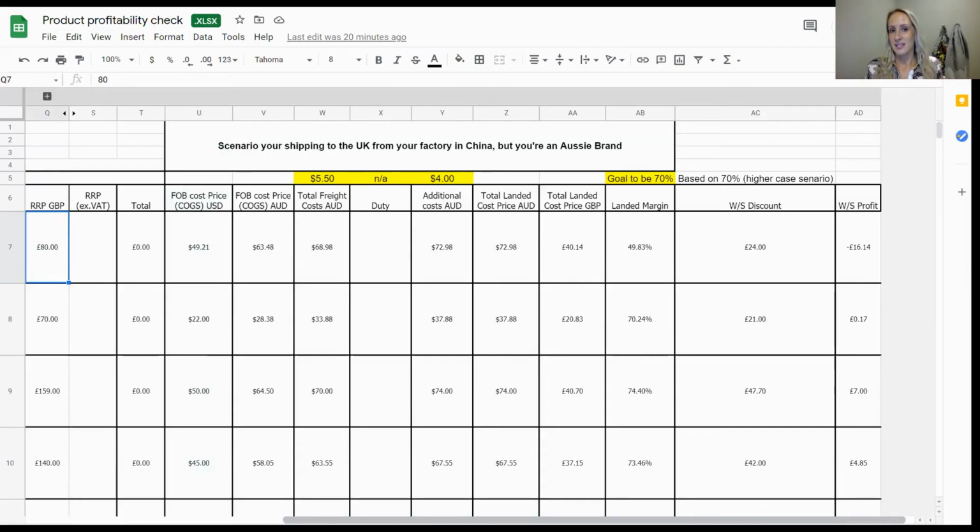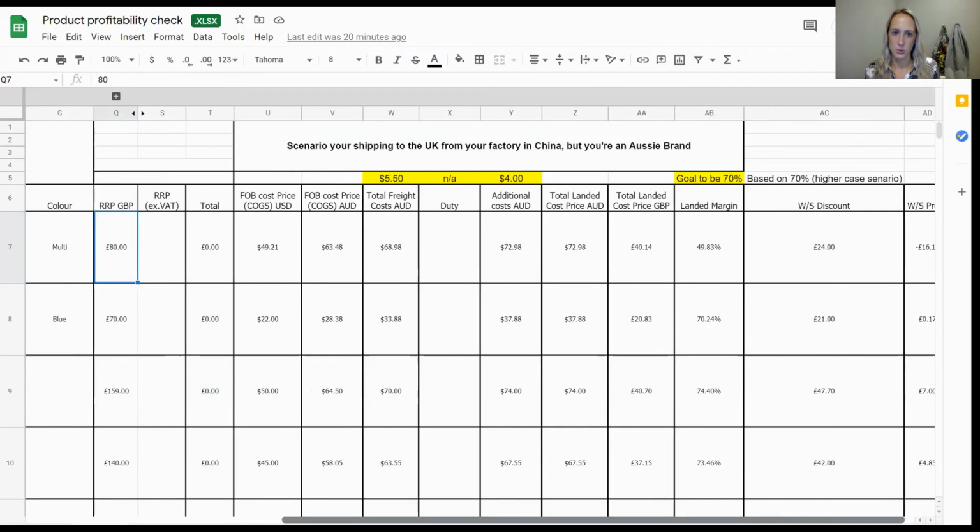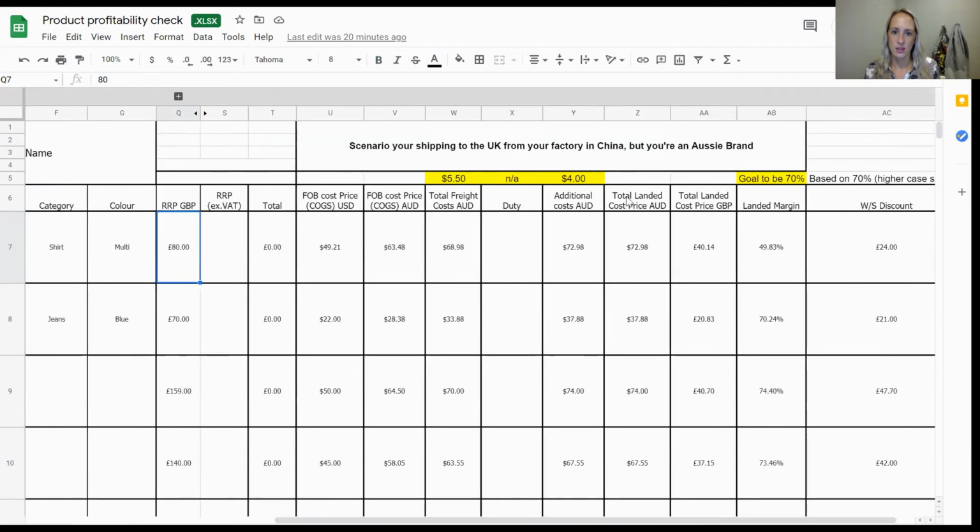So this is a collection margin calculation sheet. What this is doing is pretty much looking at all of the costs that we just talked about. All of those costs are here across this top section. And item by item, you're going to now be able to work out the landed margin based on your cost of goods plus all other costs.